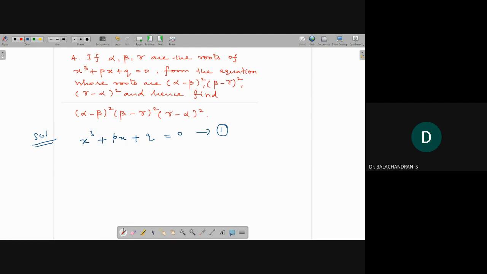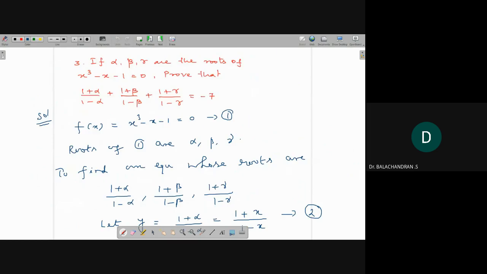For this, let us take a substitution. Can anyone tell what the substitution is? In the previous case, what did I take as the substitution? Sir, here two variables are present.